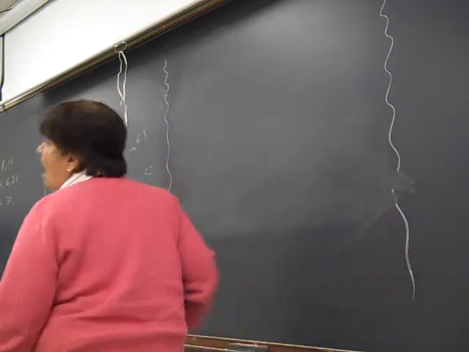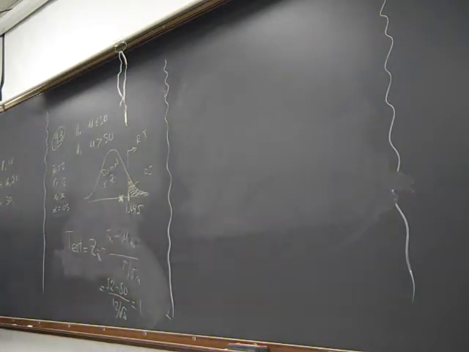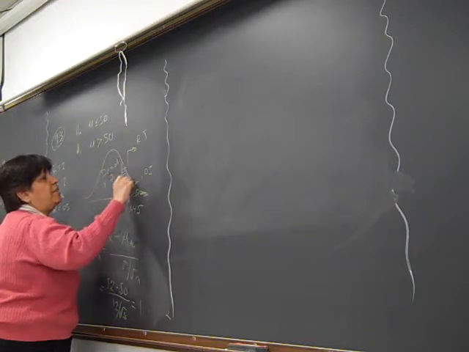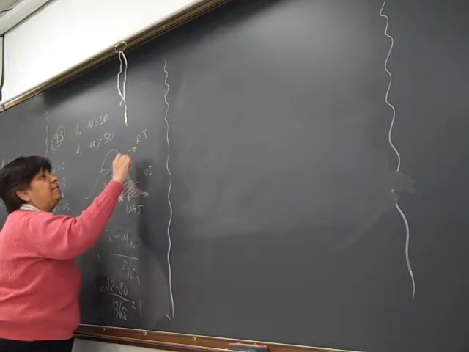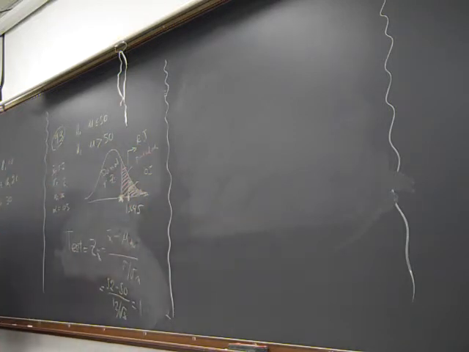What is the p-value? The p-value is nothing but the probability that the z is, in this case, greater than my test value. This is my p-value.